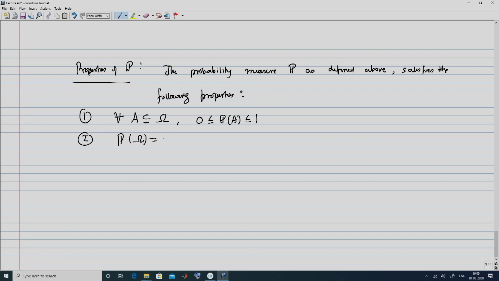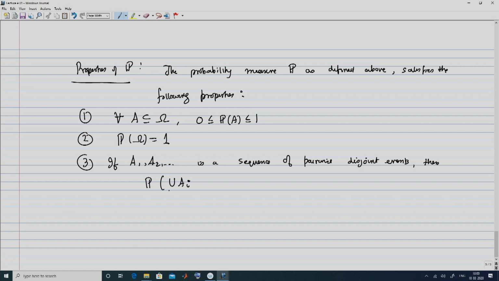P of omega is equal to 1. So, these two properties are the same as before. However, in the last case, since now we can have an infinite set, if A1, A2 and so on is a sequence of pairwise disjoint events, then the probability of the union of i equal to 1 to infinity, which was earlier i equal to 1 to n, is going to be the summation of probabilities, i equal to 1 to infinity.